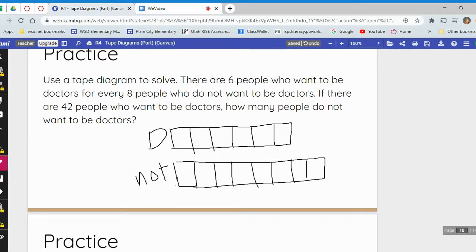Okay, if there are 40 people who want to be doctors, so our doctor bar has to equal 42. We have 1, 2, 3, 4, 5, 6 sections. 42 divided by 6 is 7. So our size of each section is 7.